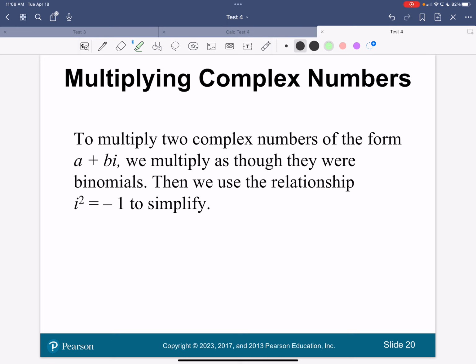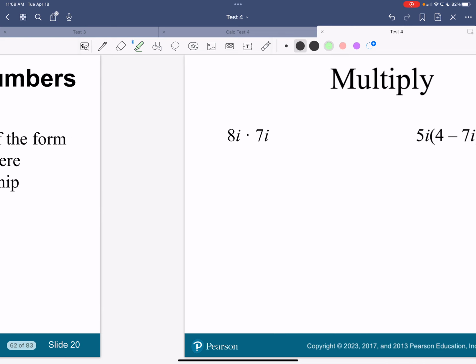Then we use this relationship right here: i squared equals -1. So we know that i equals the square root of -1, but i squared simplifies to -1. And so that's going to be important in this process. So let's go ahead and do some of these.